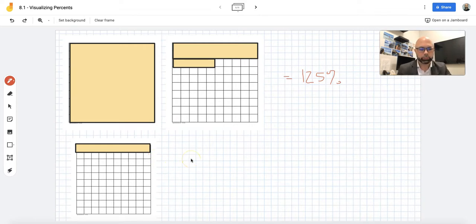Ignore my brother here. What's the best way to draw? I know this is super slow in Jamboard, but just bear with me here. Is that the right color? Let's try that. So we can just do this and say that's half of 1%.